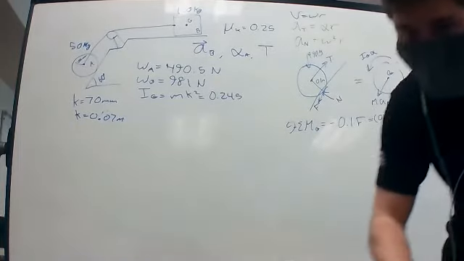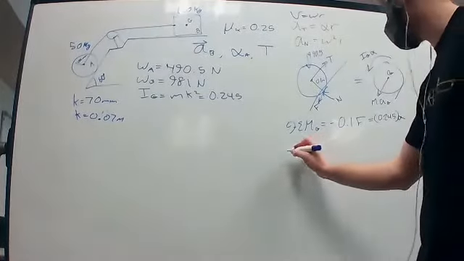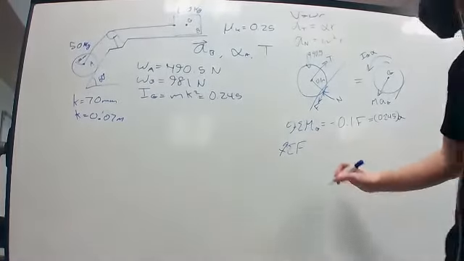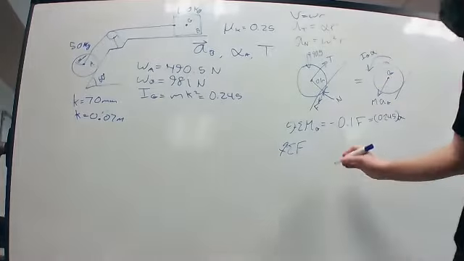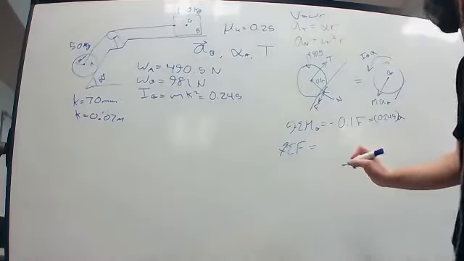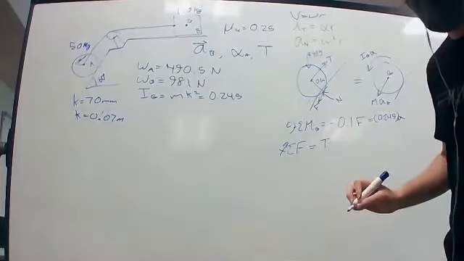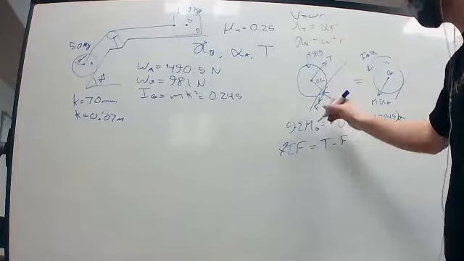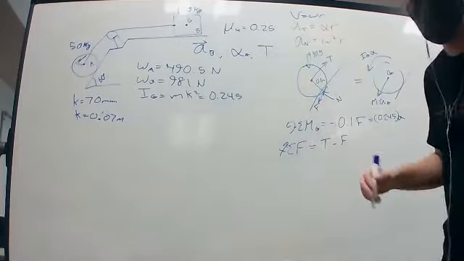We can then do some of the forces in this direction, which is just going to be parallel to this surface. That's going to be equal to T minus F, T and F, and then we're going to need the components of N and the weight.